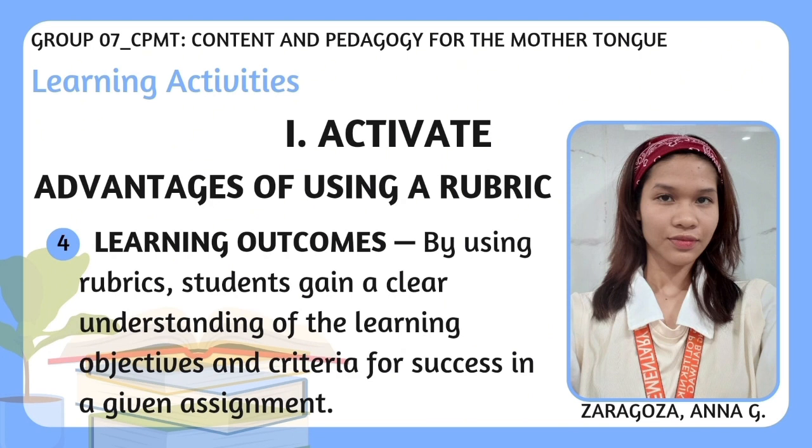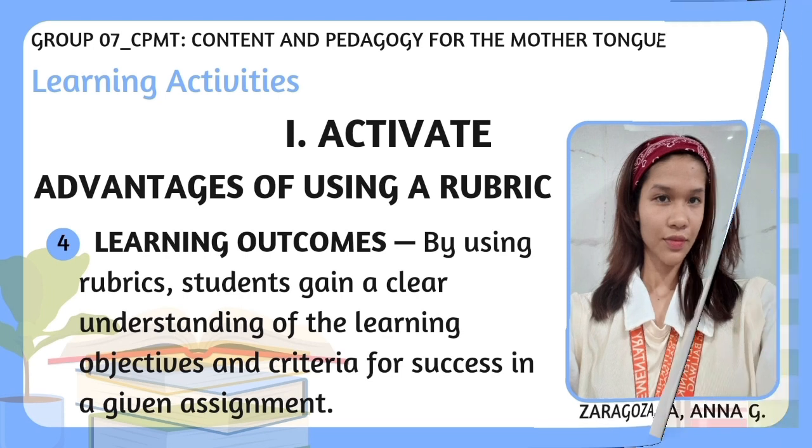This clarity enhances the learning experiences by providing learners with a roadmap for achieving success. Moreover, when learners understand how their work will be evaluated, they are more likely to engage in meaningful learning activities that support their academic growth.